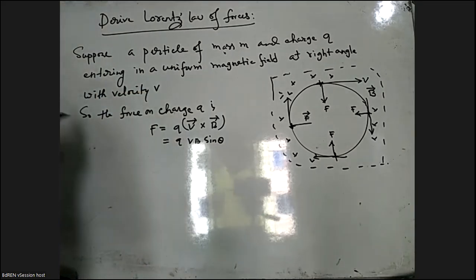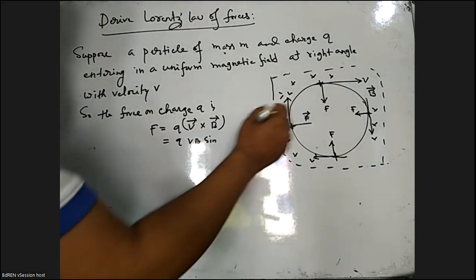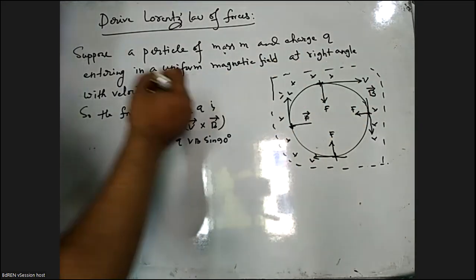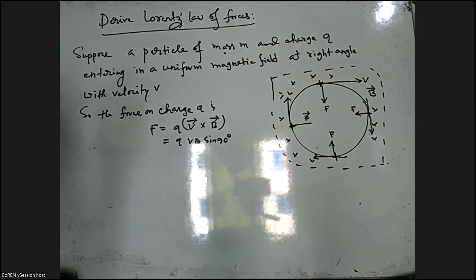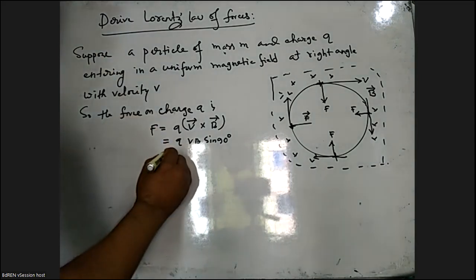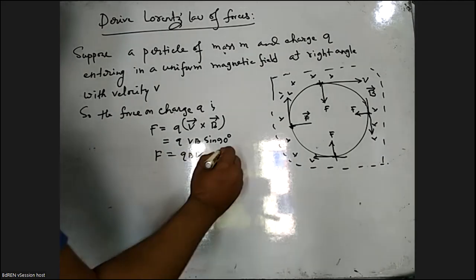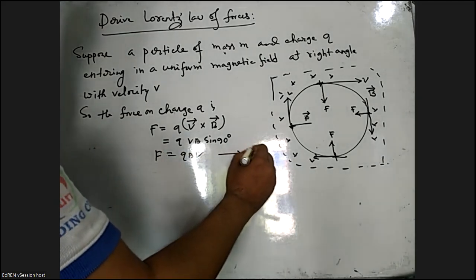But this theta will be 90 degrees because the velocity and the magnetic field are perpendicular. This is why you can write F equals qvB. This is equation number 1.